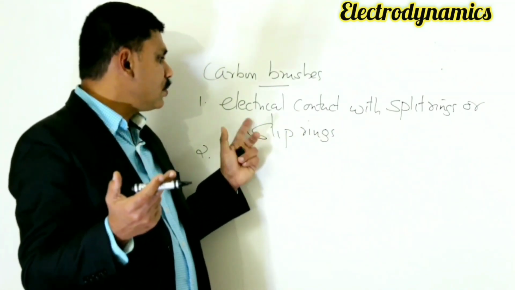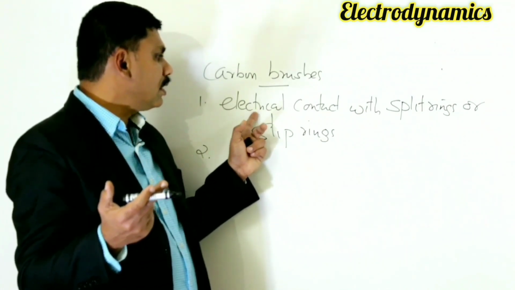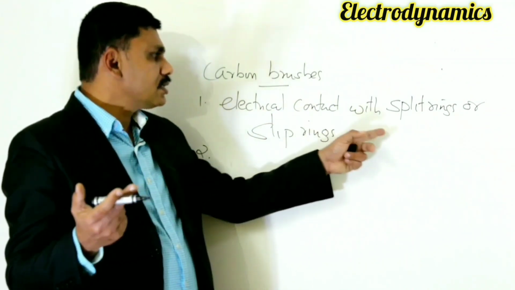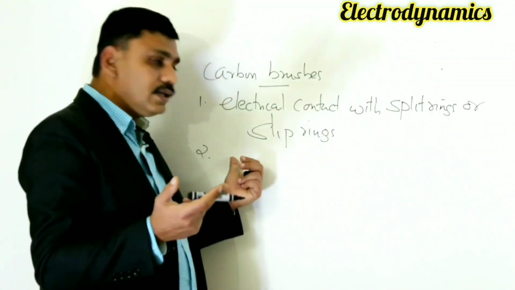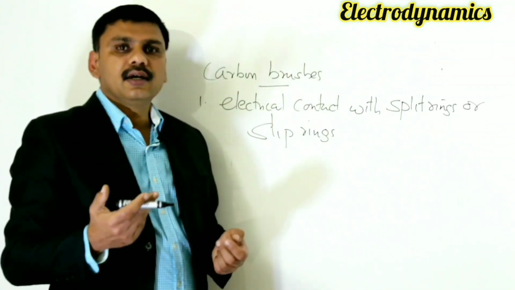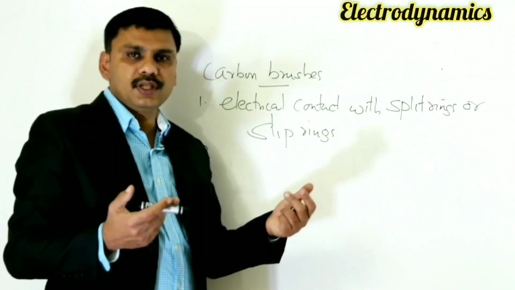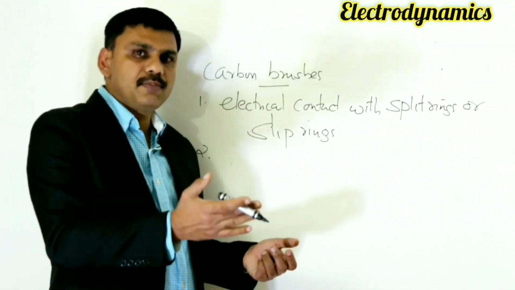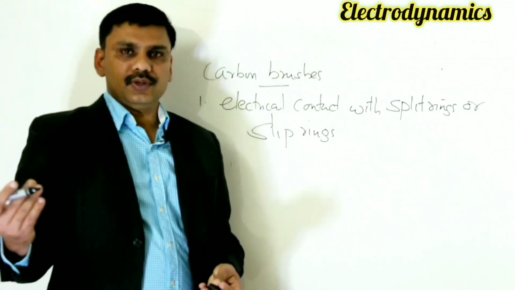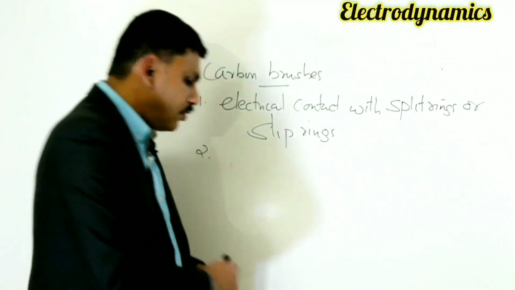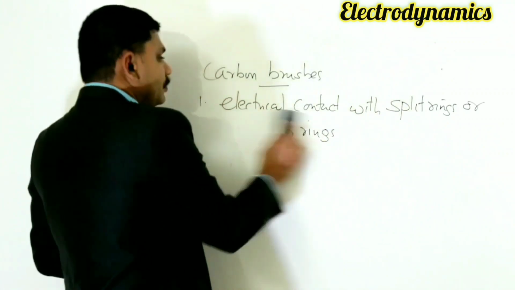So the carbon brush maintains the electrical contact with the split rings or slip rings, and it takes the current produced in the coil through the slip rings or split rings to the outside circuit. These are the two functions of carbon brushes.